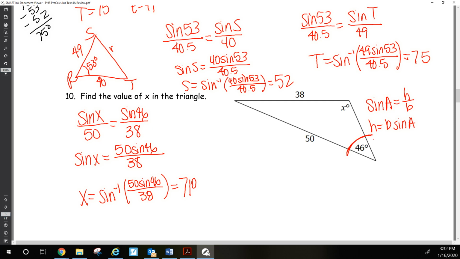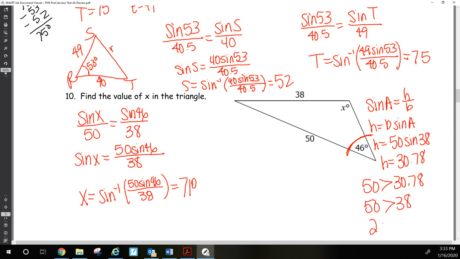So in this case, it would be 50 sine 38. We would see that h, this guy, equals 30.78. So since this 50 is bigger than 30.78, and that 50 is bigger than that other side, we know that we're going to have two solutions.